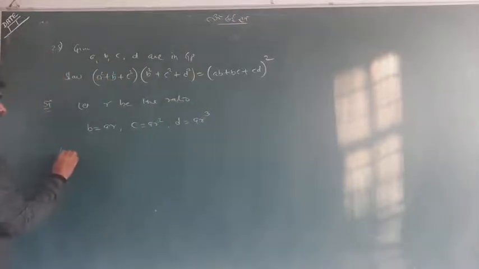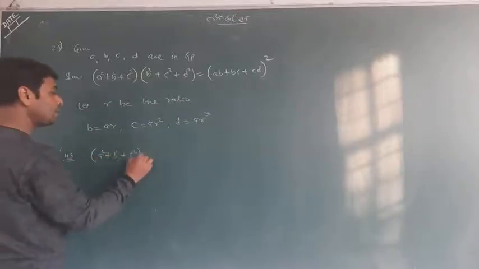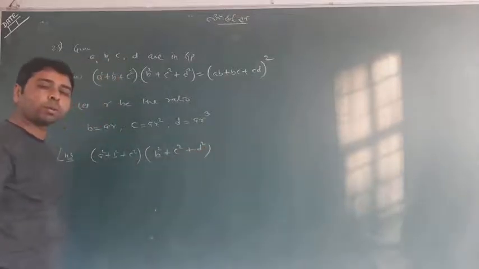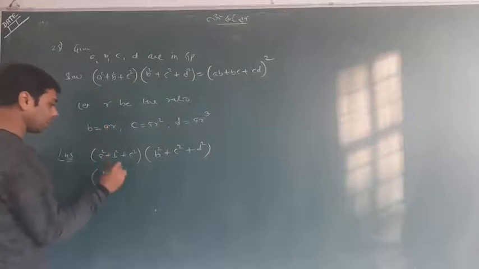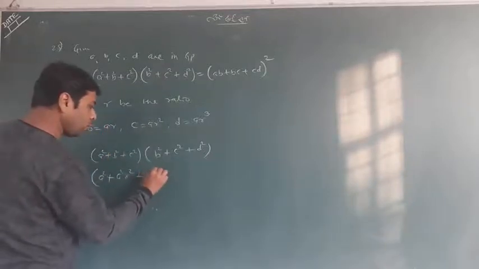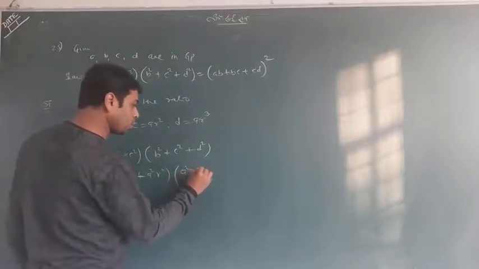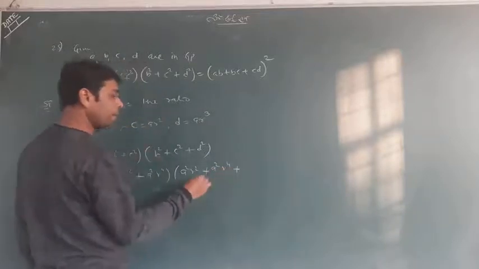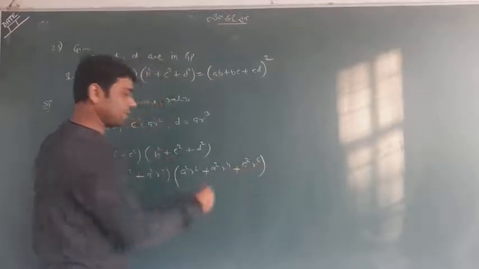Take the LHS: a square plus b square plus c square, and b square plus c square plus d square. Put down the values. a square is a square, b square means a square r square, c square means a square r to the power 4, and d square means a square r to the power 6.